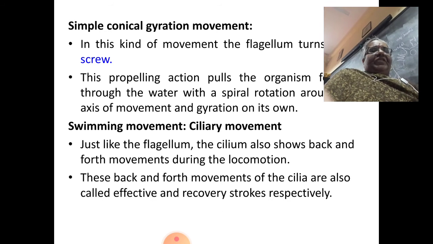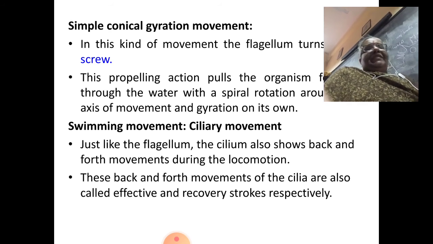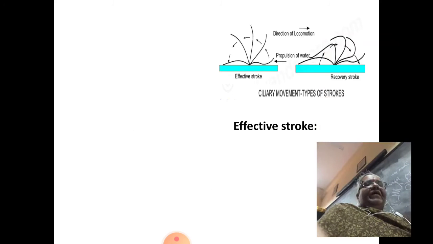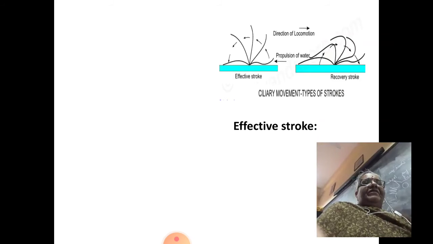These movements of the cilia are also called effective stroke and recovery stroke respectively, similar to what you see in flagellar movement. Here I have given the ciliary movement, effective stroke and recovery stroke.